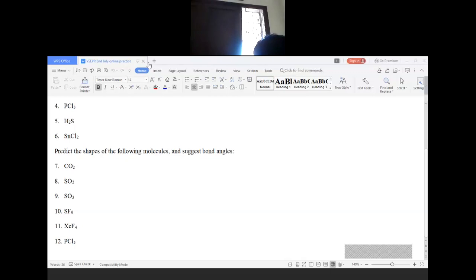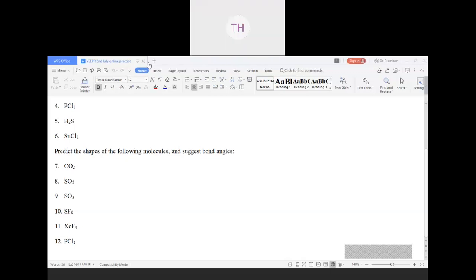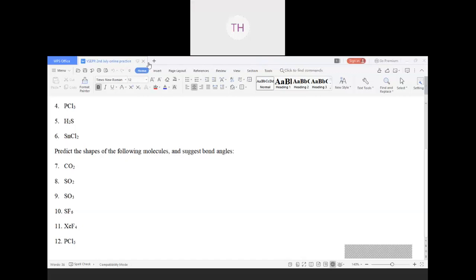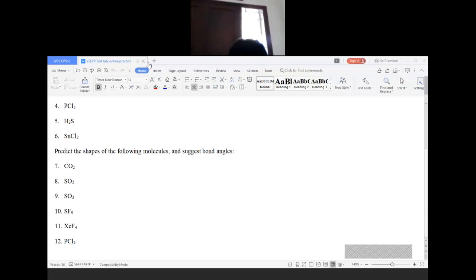How many bond pairs? I think it's two. Two. How many lone pairs? Four. The bond pair, how many bond pairs are there in carbon dioxide?